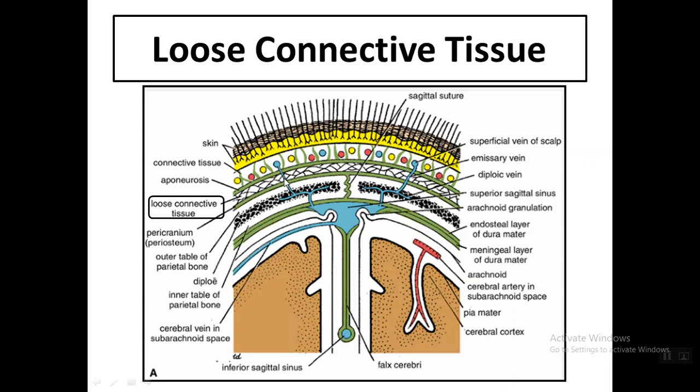These are the emissary veins connecting the veins of the scalp to the diploic vein. The diploic vein is the vein inside the bone of the skull, and it connects with the venous sinuses inside the cranium. So the importance of the emissary veins is connecting the extracranial veins with the intracranial venous system.